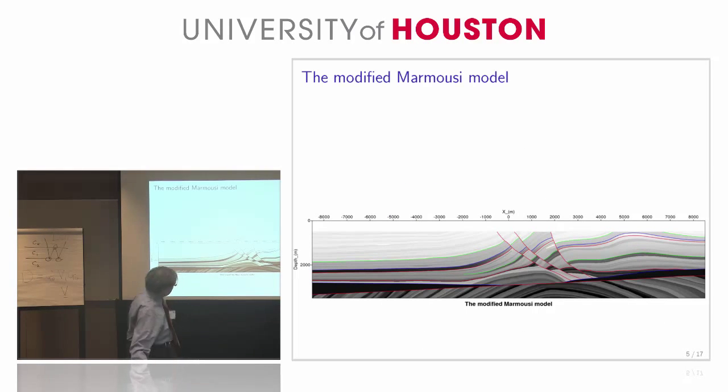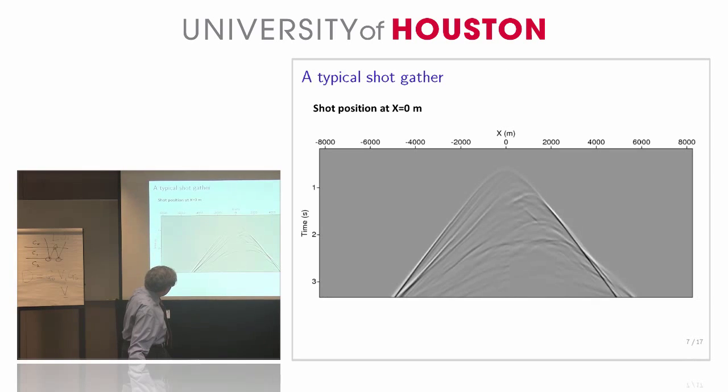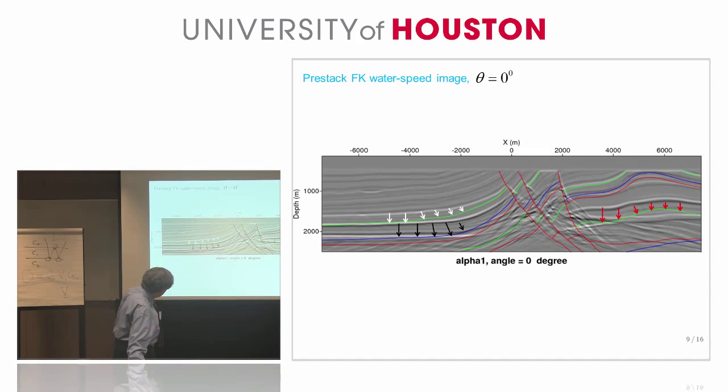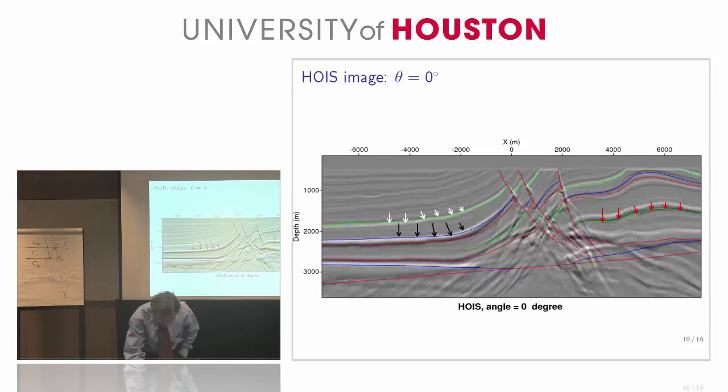So here's Marmousi. Here's the shot again. Here's the pre-stack water speed migration, where you're seeing the difference between where it needs to be, and we'll flip back and forth, and where the water speed gives you. You see that?